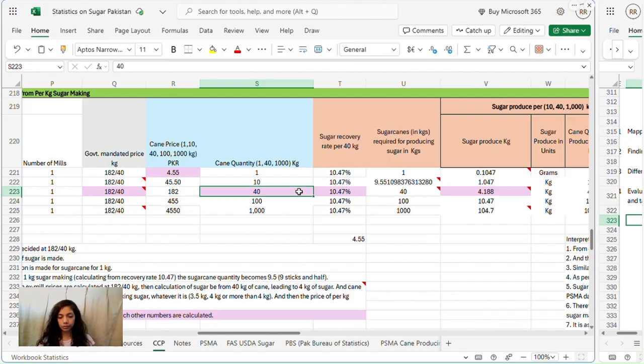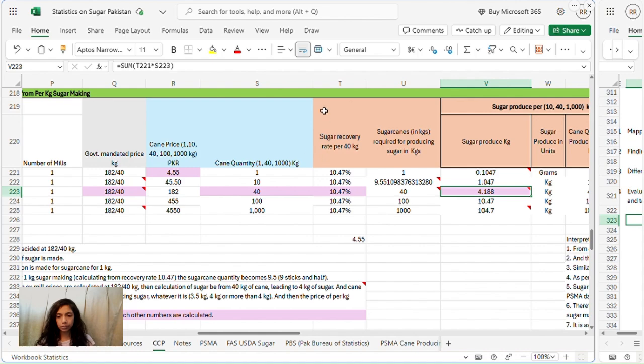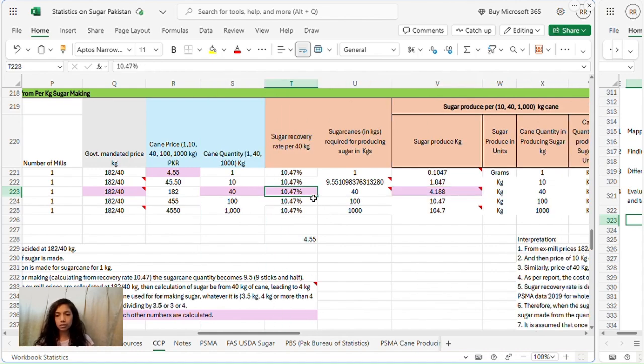So moving forward, this was a sugar recovery rate, which is 10.47% sugar recovery rate. Now that is the total sugar recovery rate. So what does that mean? It means the total canes purchased, and out of those total canes, the sugar is made.